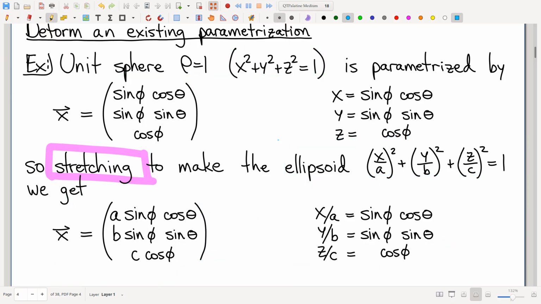Now this suggests a different way to think about the process. Notice that here's our formula for x, here's the new formula for x, and let's think about what happened to just the formula that tells me what x is. What happened is that formula got multiplied by a. I'm going to propose that that's pretty believable.